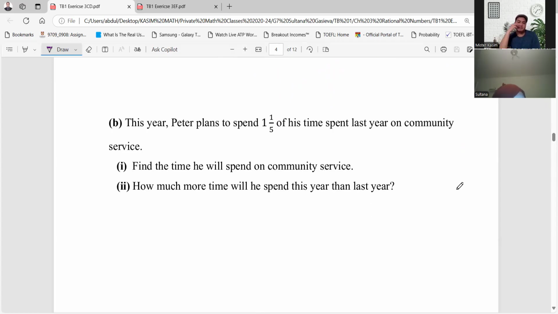Find the time he will spend on community service this year. How much more time will he spend this year than last year? Last year he spent how much? 8 and 1 over 6, right? So what do we do here?